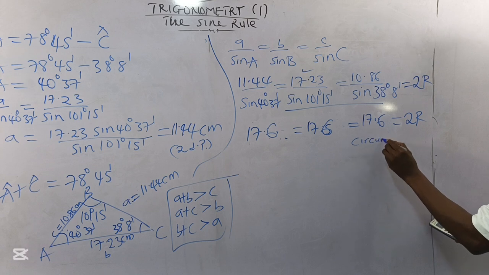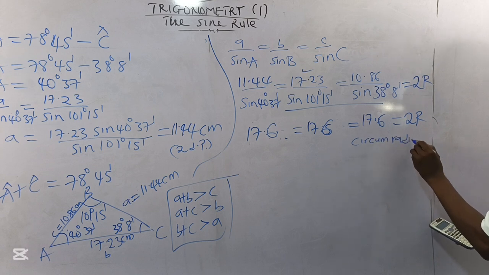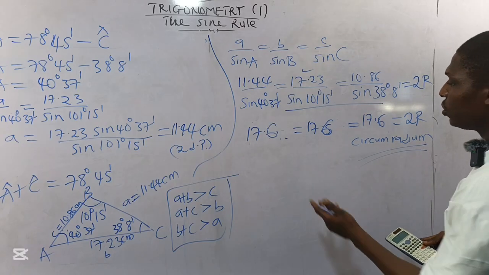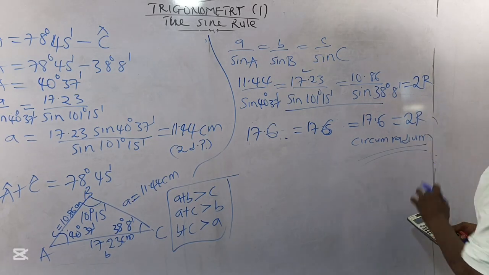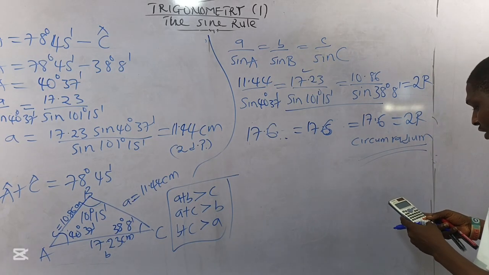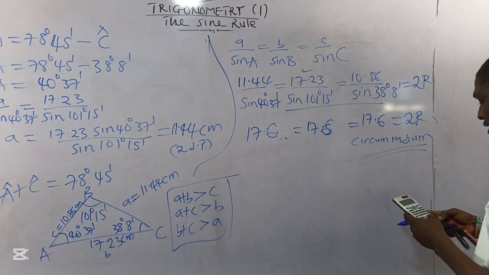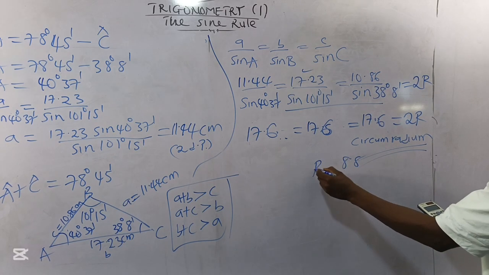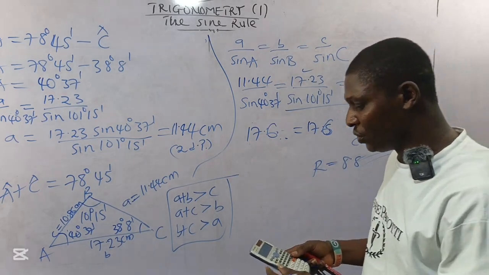Radius. So you can see that with this relationship, you can get your R. And R will be what? 17.6 divided by 2, which gives you 8.8 for this very word question as the radius.